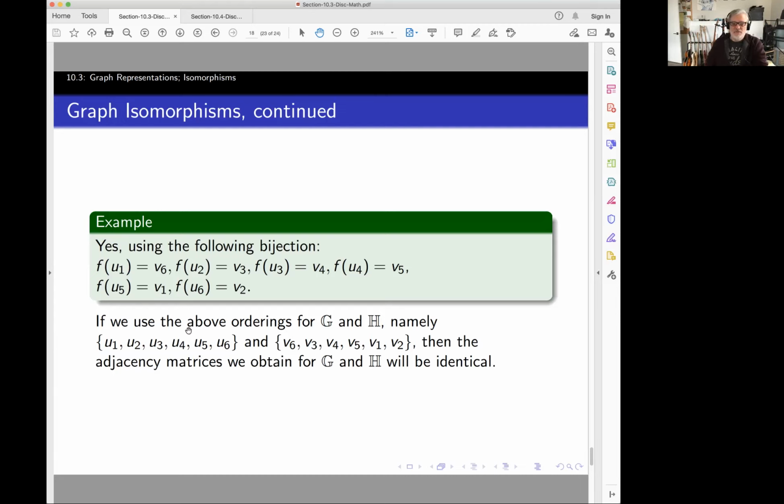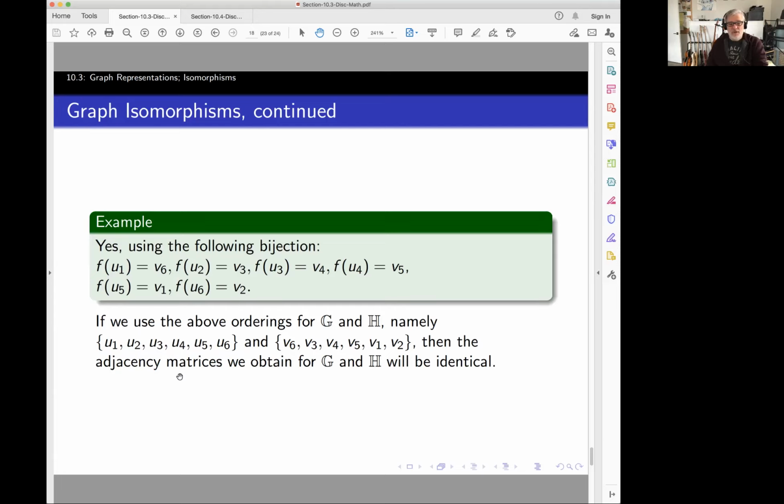Okay, so if I use the ordering U1, U2, U3, U4, U5, U6 for G, and then I look at my isomorphism, that would tell me to order the vertices of H as V6, V3, V4, V5, V1, V2, and look at the adjacency matrix for that particular ordering, you will get the same adjacency matrix as this one.